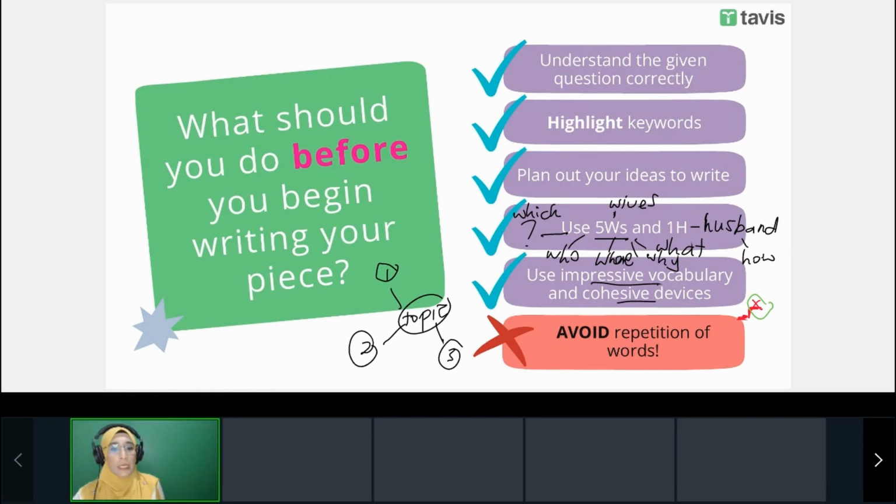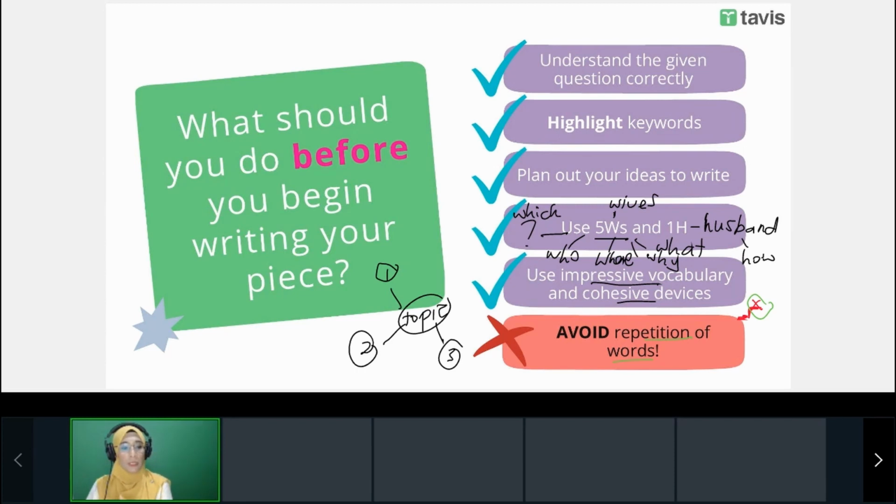So again, try and use impressive vocabulary, and also avoid repetition of words. We do not want repetition of vocabulary in our piece of writing because it doesn't give you a good mark for your communicative achievement.